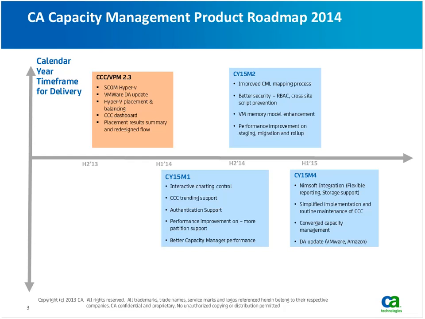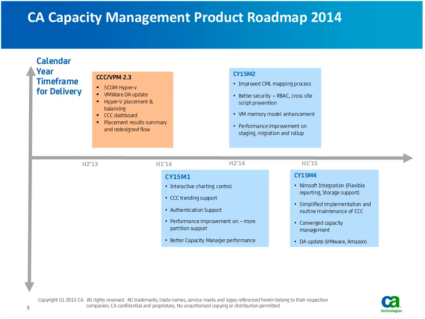It will be leveraging either the JasperSoft or NIMSOFT's unified monitoring portal as a reporting interface. So you can imagine over time we're going to migrate to a single interface from a reporting perspective. I know it's a directional statement, but at this time we're going to start the discovery very soon and plan to have a first phase deliverable by the end of the year in calendar year 15. So that's a milestone 4 release.